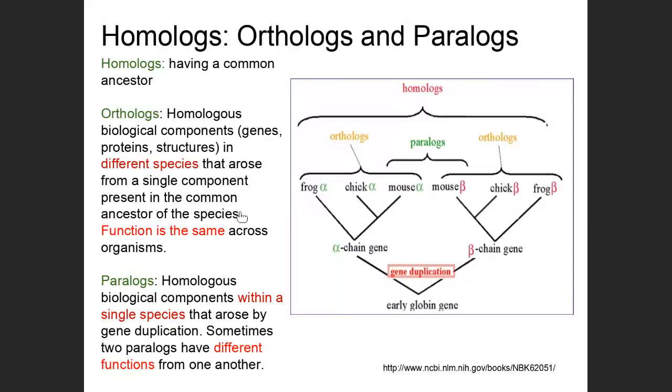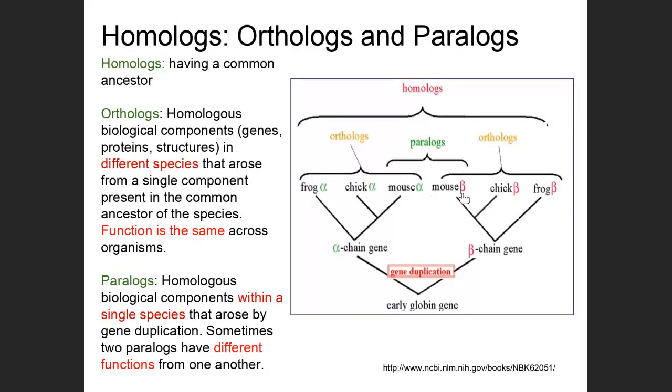So let's see. Normally, when we look at orthologs, the globin alpha does something very similar to chick alpha, and the paralogs don't necessarily have the same function. The mouse alpha will do something similar but not quite the same as the mouse beta.